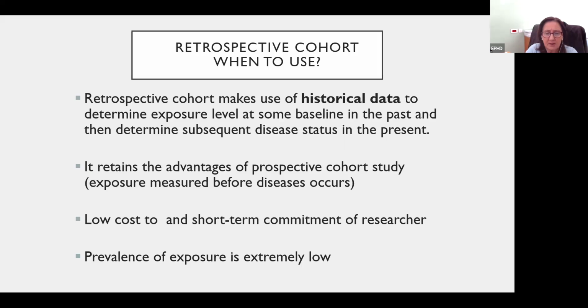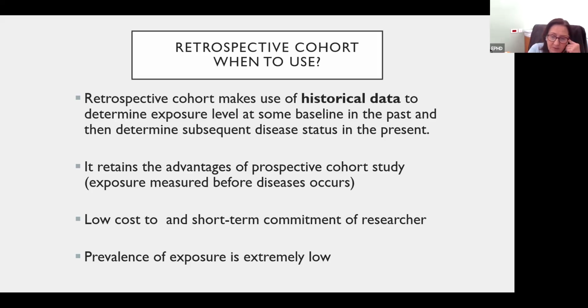on workers who work in detergent factories, so those who produce detergent, if it affects their cancer, whatever. Since the exposure is rare, it will be very difficult to find those people who are exposed.